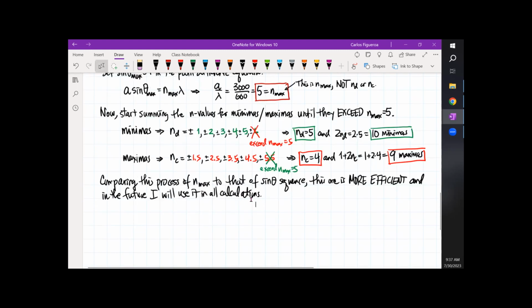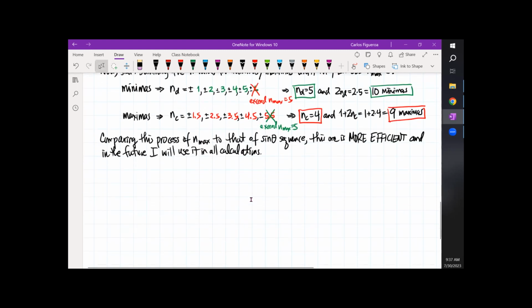Now, what I want to do here is use an applet to help visualize the pattern. I can't show you the intensity profile because they're too small.